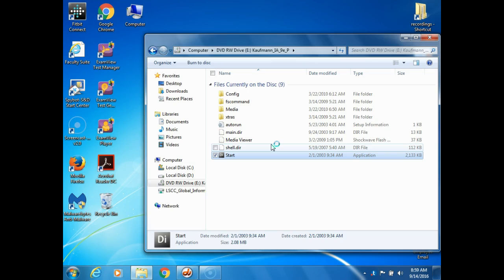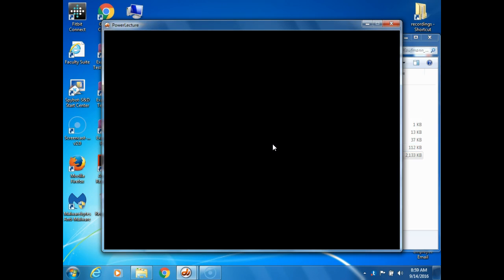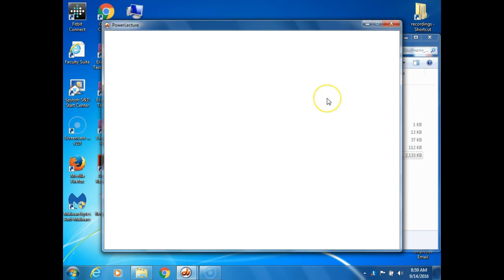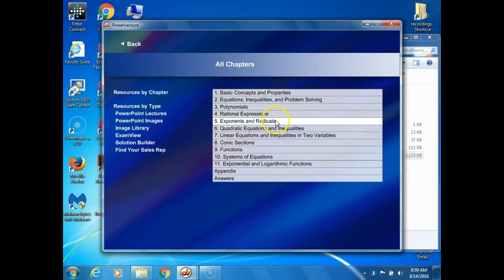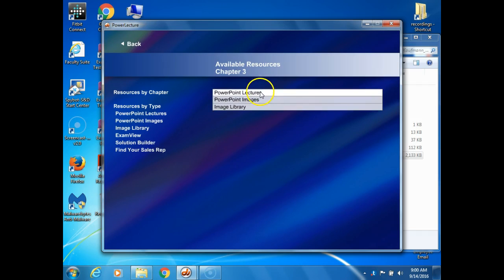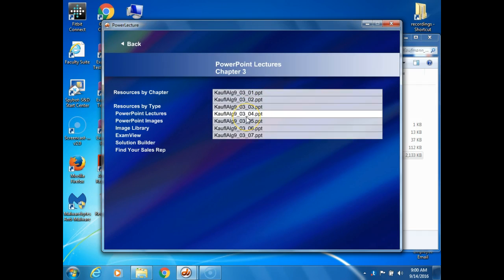Have to go through all these things. It should have gone right back to the previous thing, and I shouldn't have to do all this again. Resources by chapter, chapter 3, lectures 3.6. Okay.